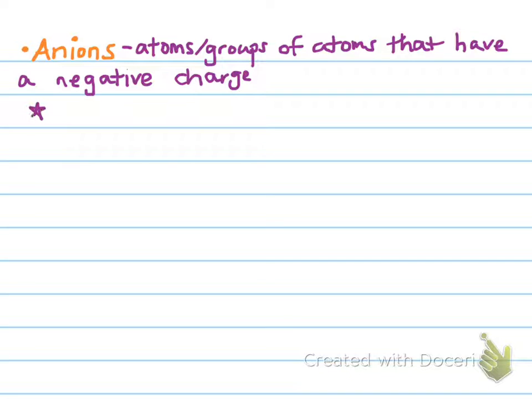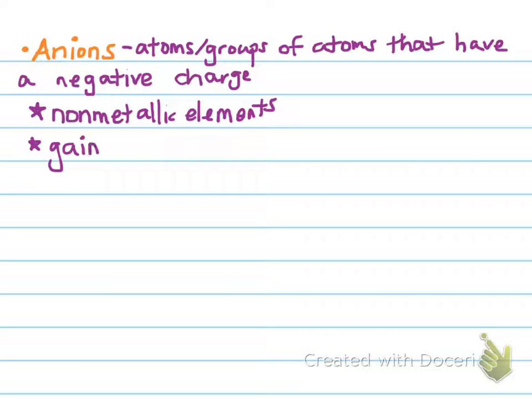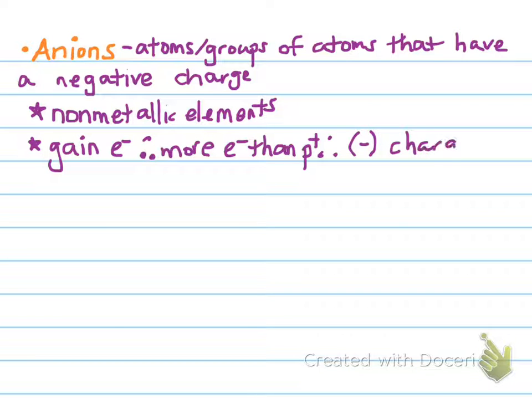Remember, anions typically are going to be the nonmetals, so non-metallic elements. They gain electrons, therefore they have more electrons than protons. Therefore, they have a negative charge.